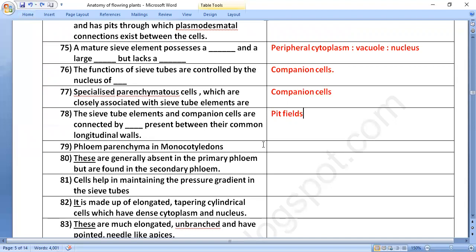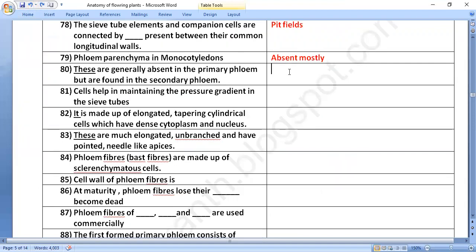Phloem parenchyma in monocotyledons is absent mostly. These are generally absent in the primary phloem but are found in the secondary phloem. Companion cells help in maintaining the pressure gradient in the sieve tubes.